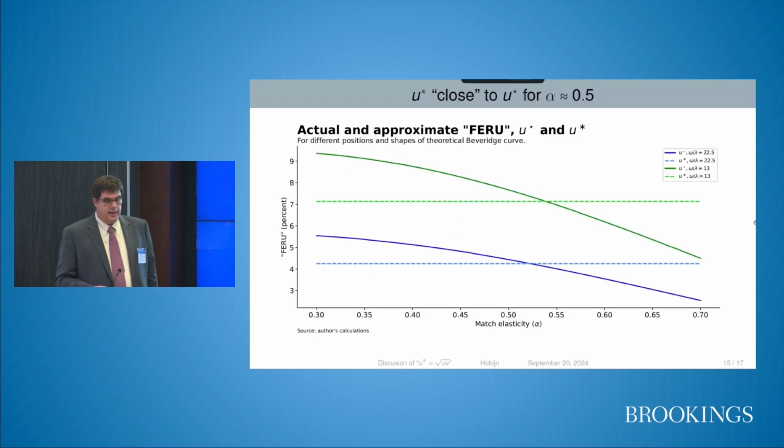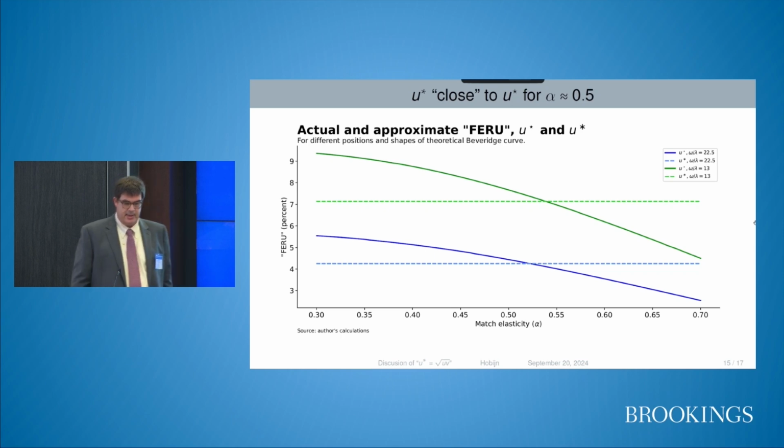And then the final thing, Hiju covered this already, but I think it's worthwhile doing. If you put in, instead of the Beveridge curve as this hyperbola, the Beveridge curve as the functional form that most of us use, like the one that Figura and Waller used, that Hiju was also referring to, then the solution to the problem, you're going to minimize U plus V, not necessarily that I think that's an objective you should have, but suppose you have that, but you don't face the Beveridge curve they have, but a different Beveridge curve, then that depends on the position and the shape of the Beveridge curve.